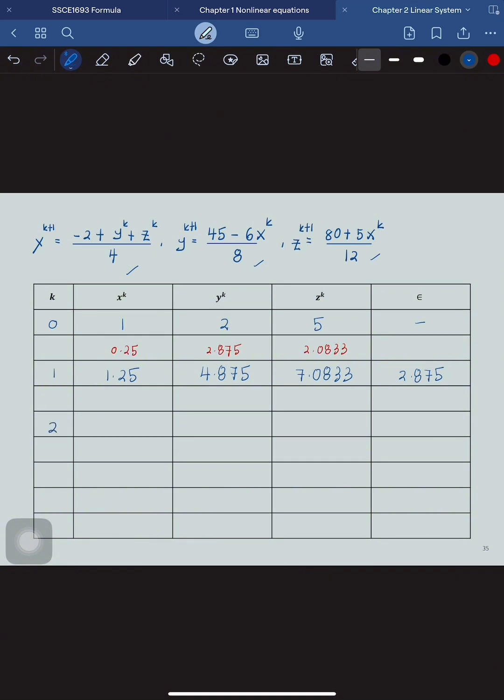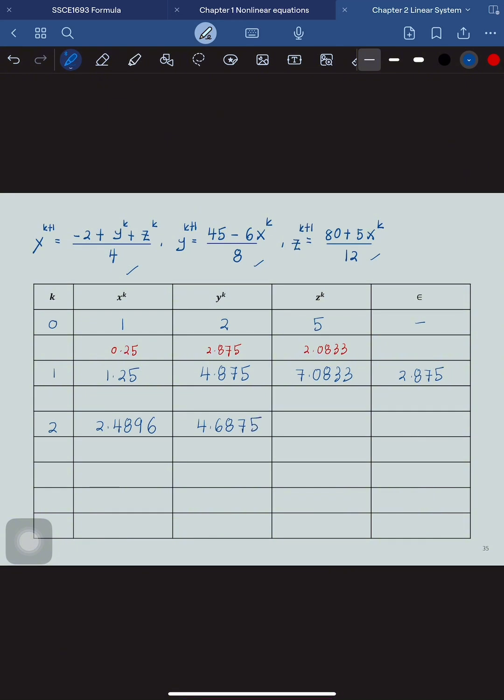For the second iteration, find x: negative 2 plus y, where y is 4.875, plus z, where z is 7.0833, divided by 4. So your answer is 2.4896. And for y, 45 minus 6x, where x is 1.25, divided by 8, gives 4.6875.